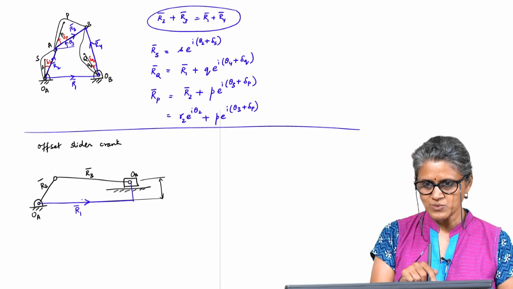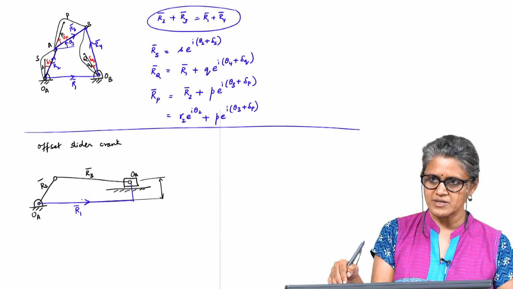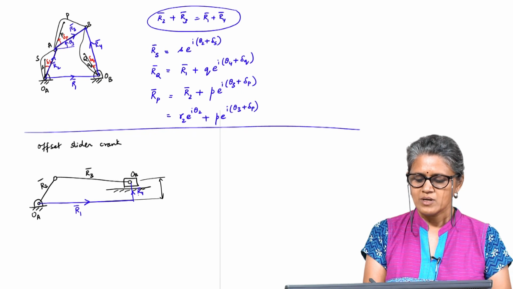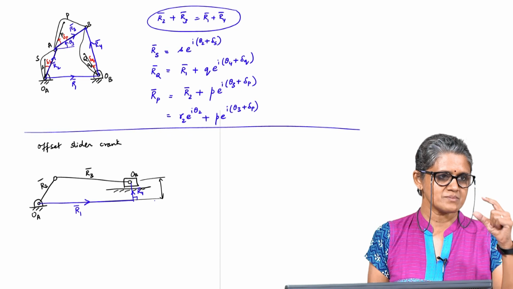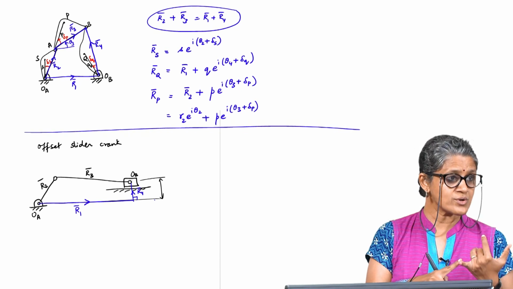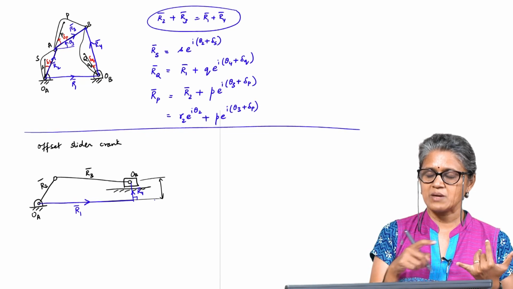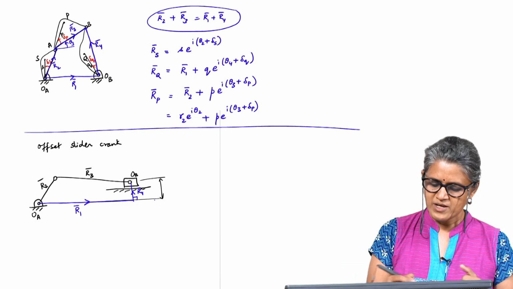So, I choose one vector parallel to the direction of motion of the slider block and another vector perpendicular to it, because if you look at this vector R4 basically specifies the offset of the slider crank, therefore, it is not going to change as the mechanism moves. Okay. So, I am adding one more vector than necessary, but it is a constant vector.